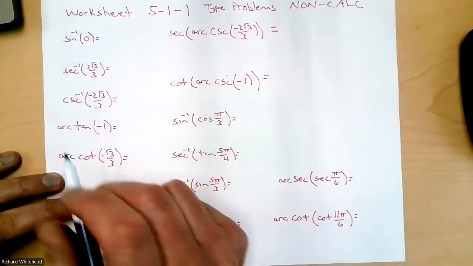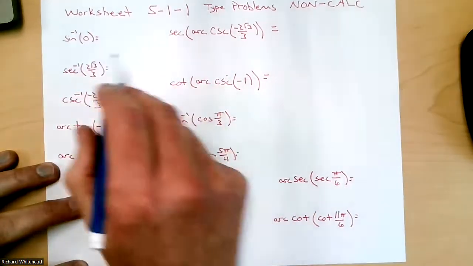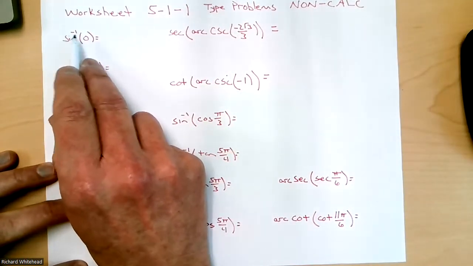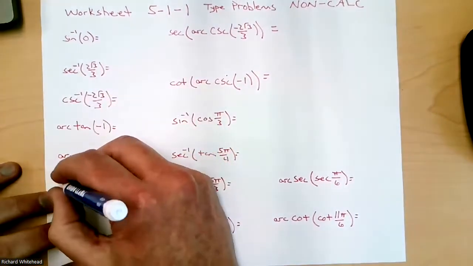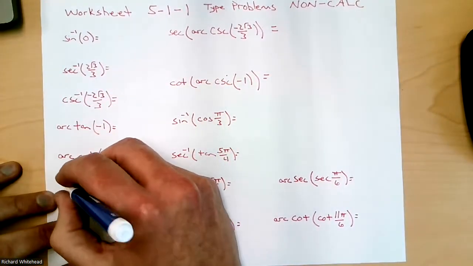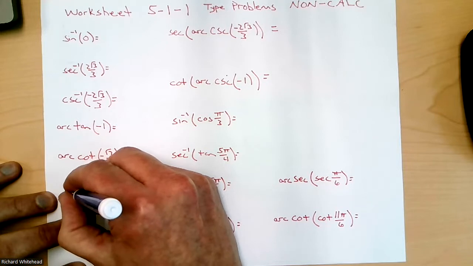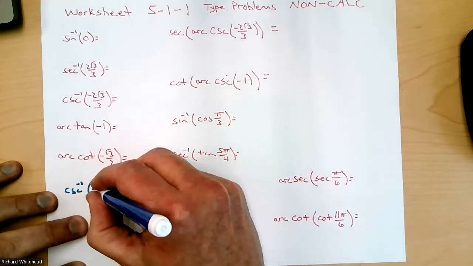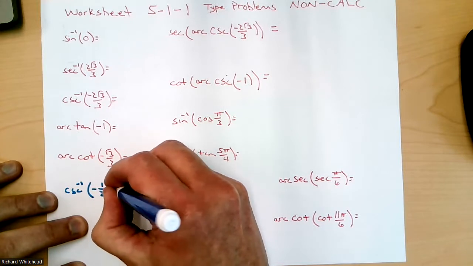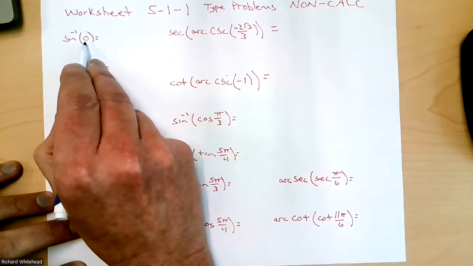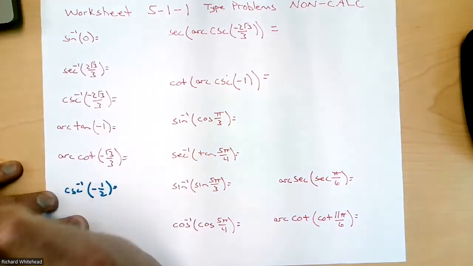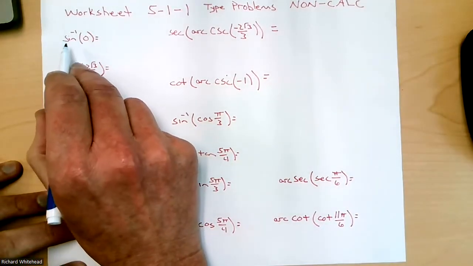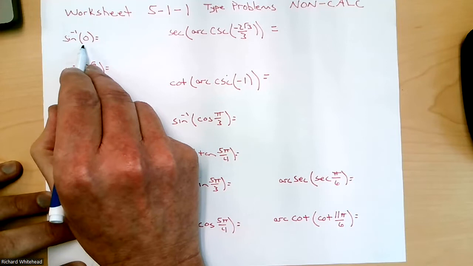So with 5.1, you're looking at it and saying, okay, these are all unit circle. The inverse, when does sine, I should have put a does not exist on here. But anyway, if you had this question, you've got to read it as what angle has a sine of 0?